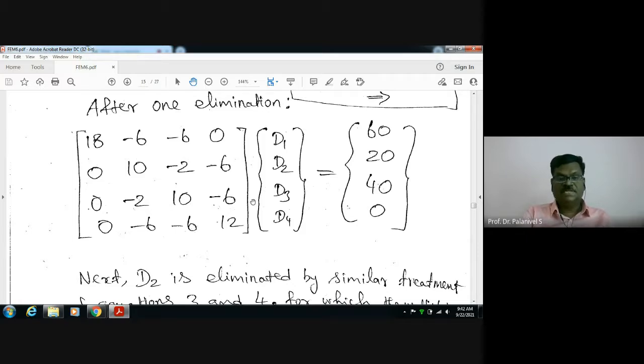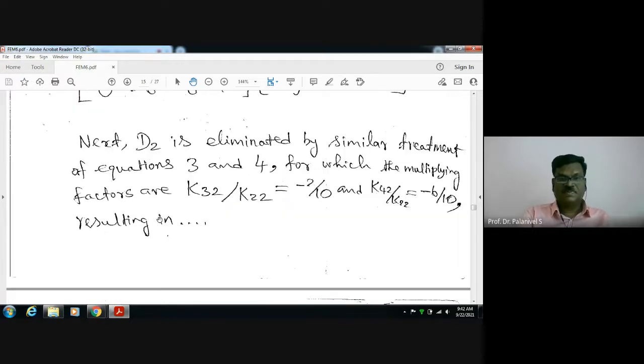Similarly, multiply row 2 by a factor K42 divided by K22 and subtract it from row 4. Thus, you can make this 0. That's what I explained here.